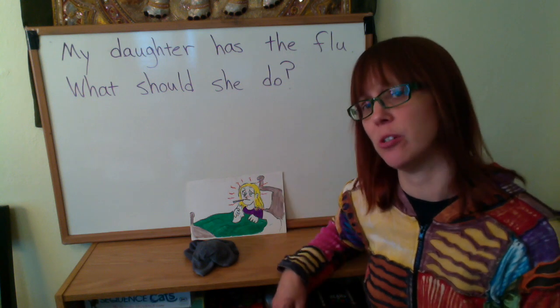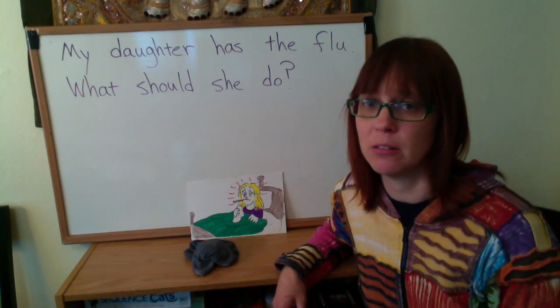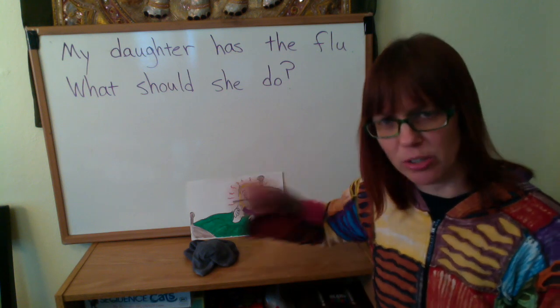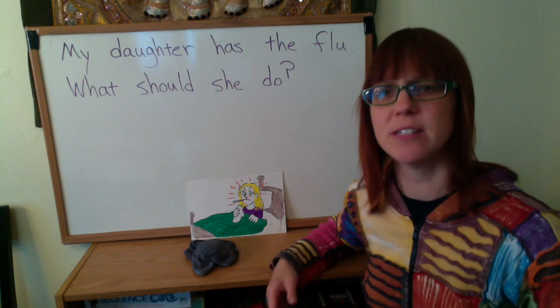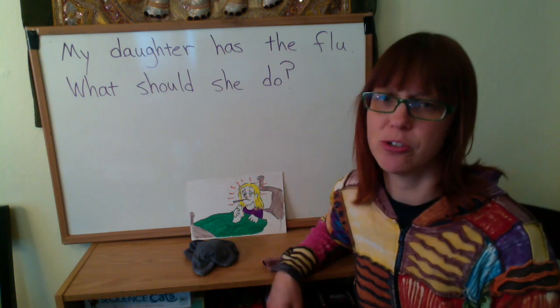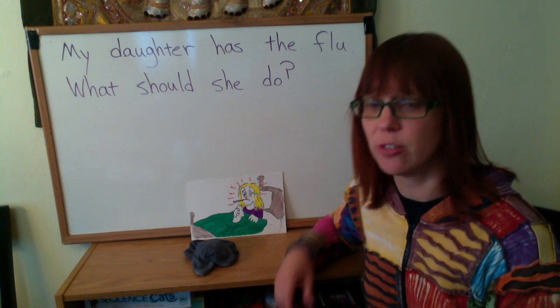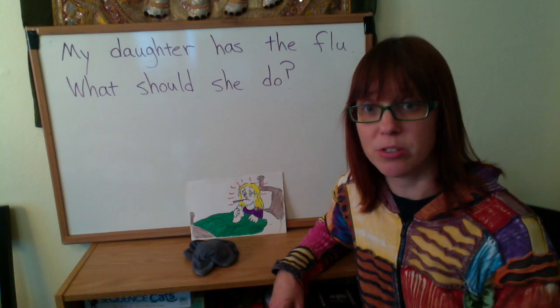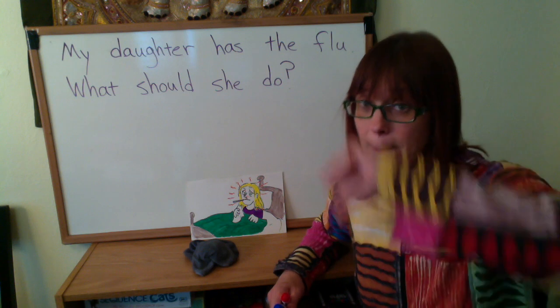Maybe she should drink tea. So that's affirmative. Those are things that I think are good. She should drink hot tea. She should drink a lot of water. She should lie down. I can also give advice about things that I think are no good.